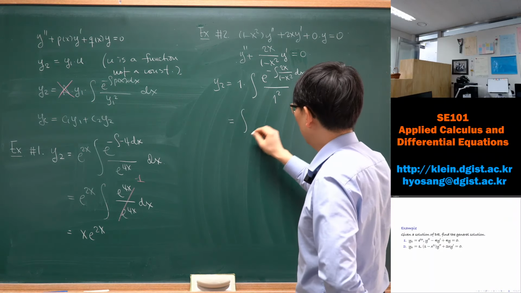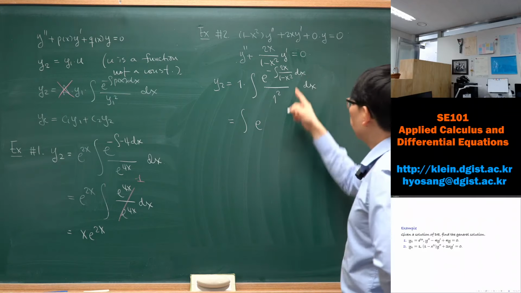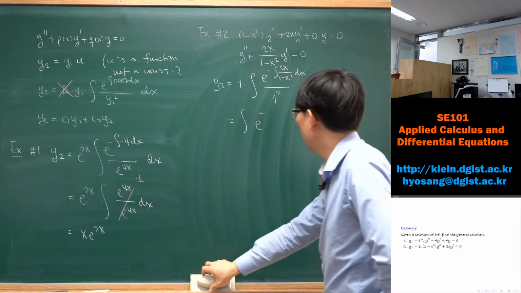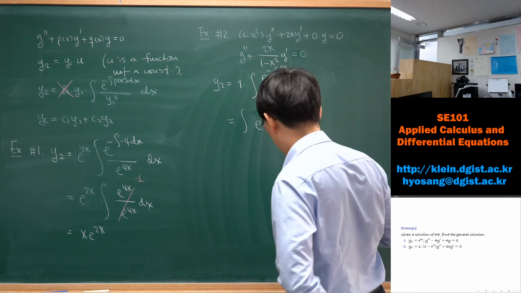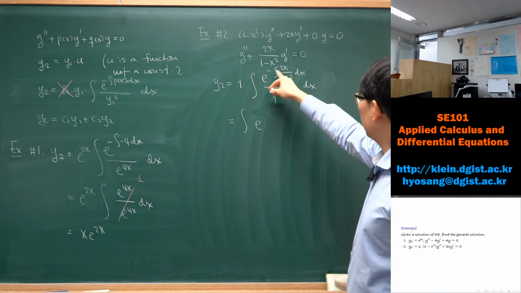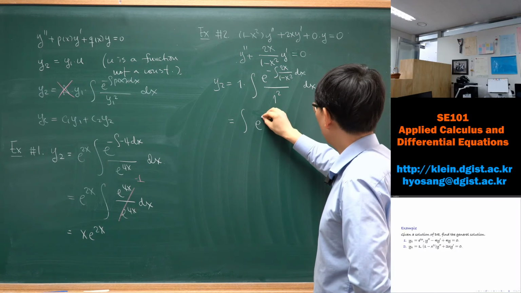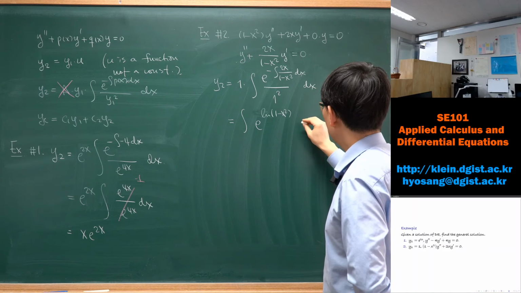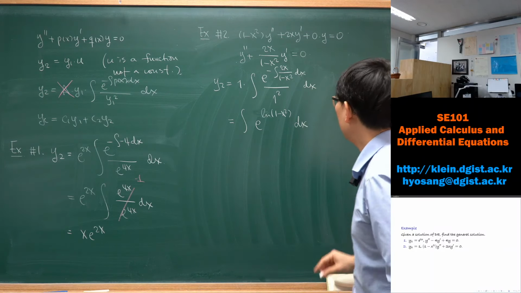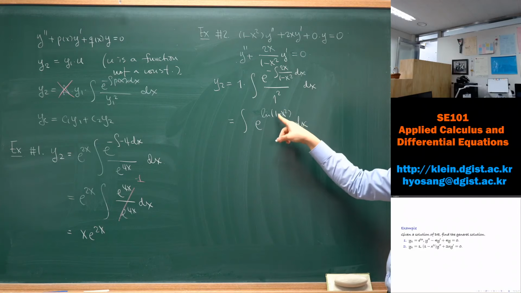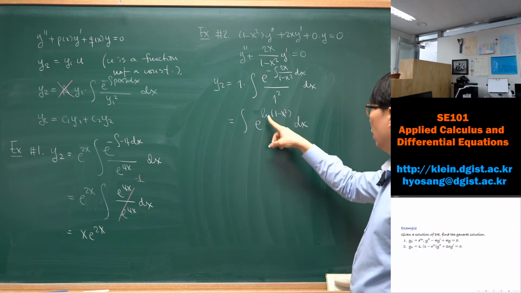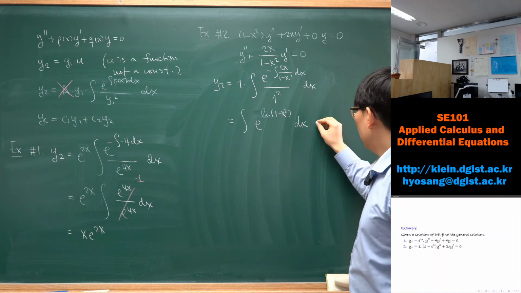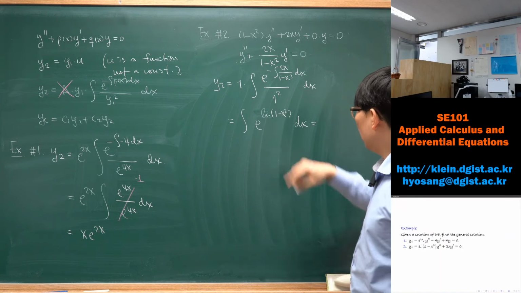We have e to the negative of, let's do this without putting any constant. So when you take an integral, this is ln of 1 minus x squared, right? If you take the derivative of ln of 1 minus x squared, you get minus 2x over 1 minus x squared. So e and ln cancel out.